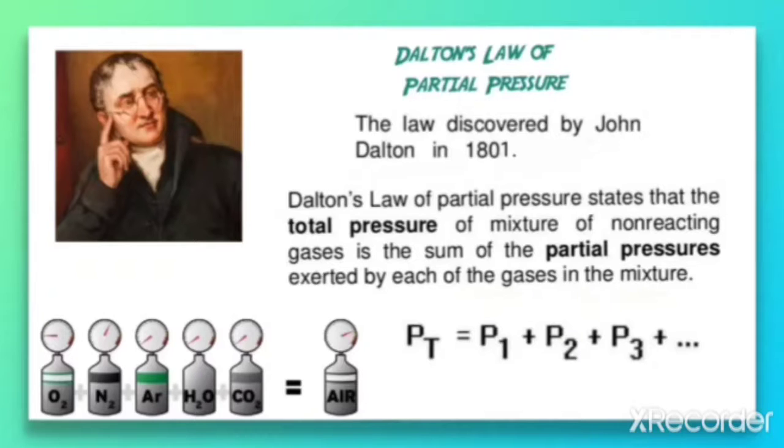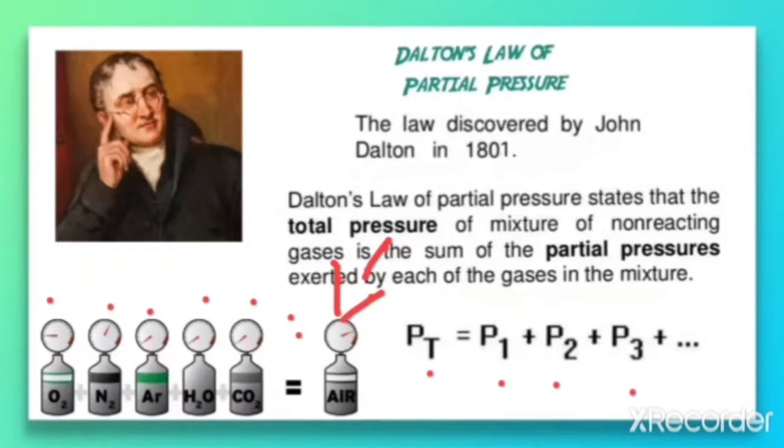on. So it says that the total pressure exerted by a mixture of gases, but these gases should be non-reacting gases, will be equal to the sum of the partial pressures of each gas.